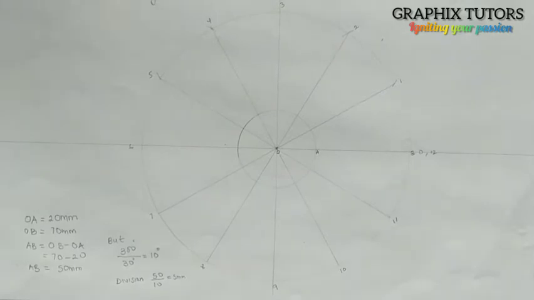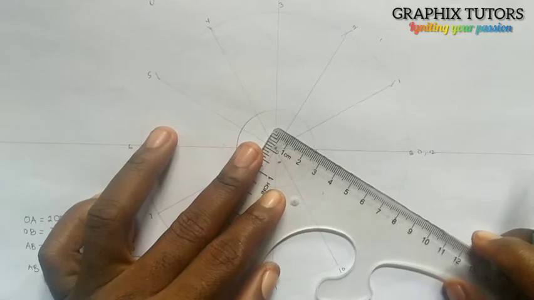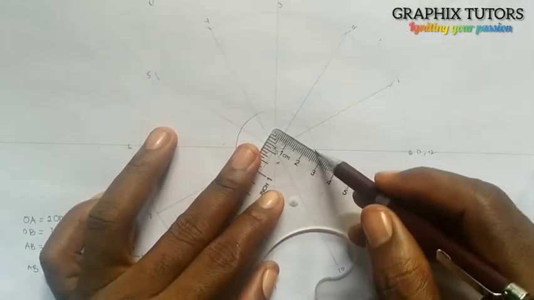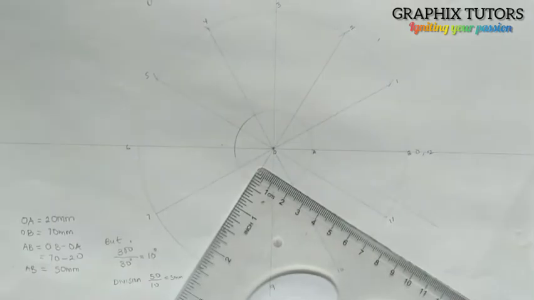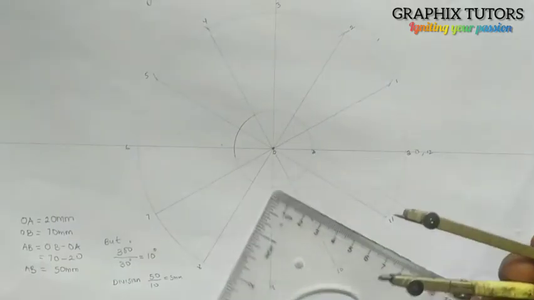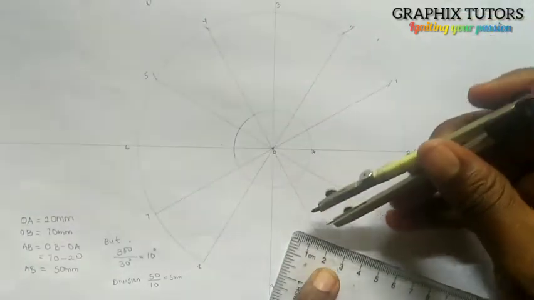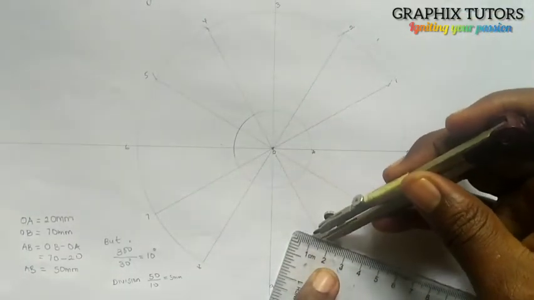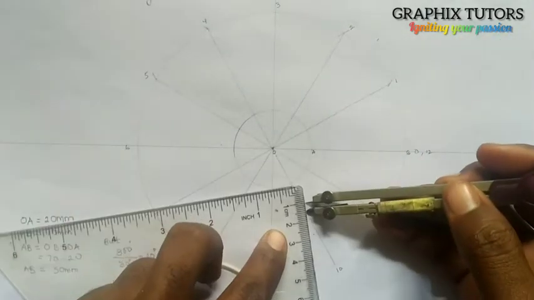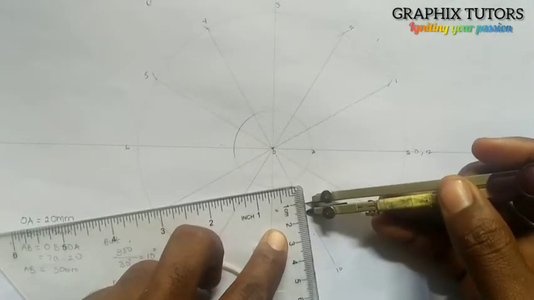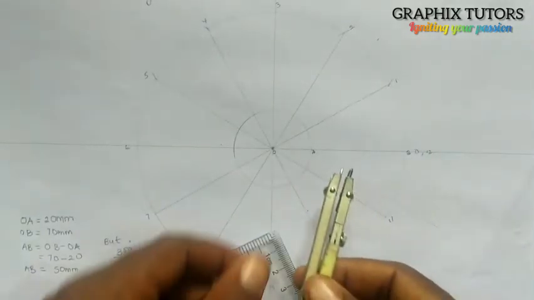I'm going to take my meter rule. At any given convenient radius, I will draw an inclined line this way, right? And I will measure 5 millimeter on my meter rule. If you look at it very well, this is 5. And I'll start marking from here.